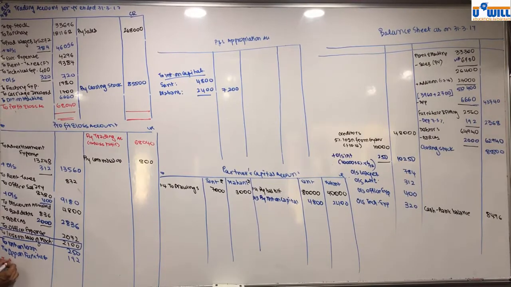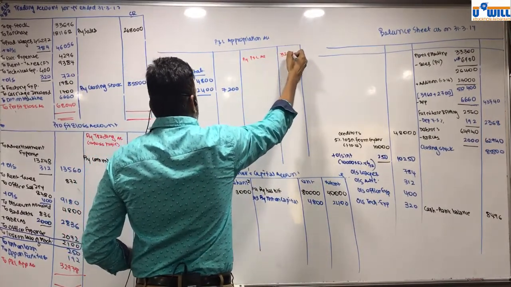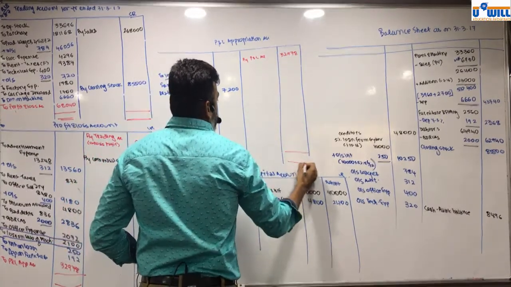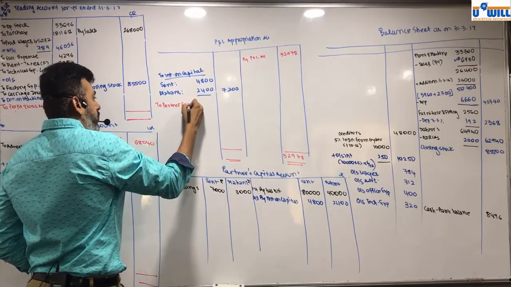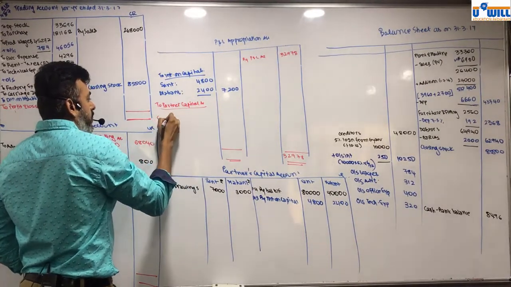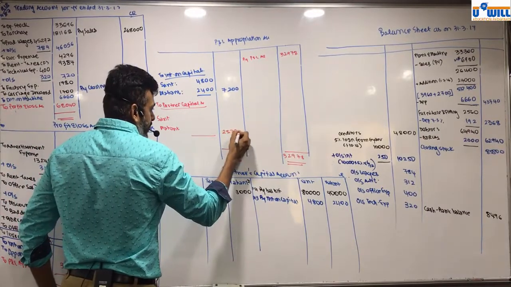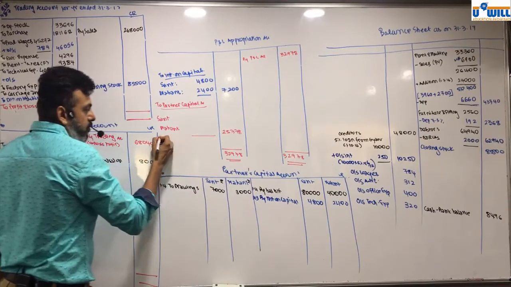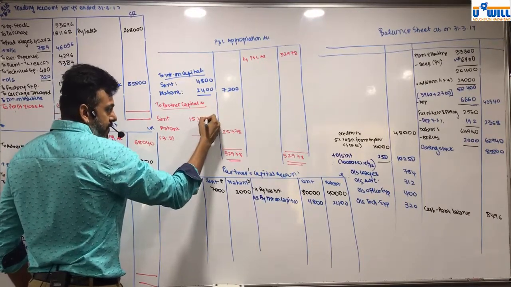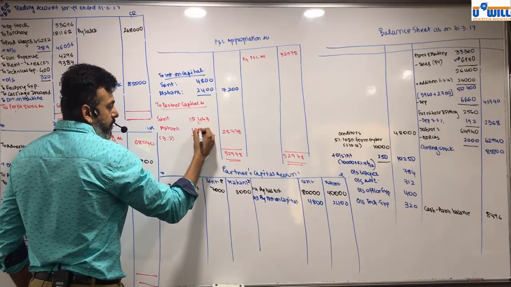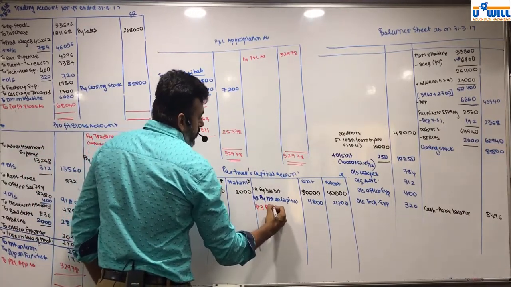So to profit and loss appropriation account by P&L account 32978. Two partners' capital accounts, Sant and Mahant. 25778. Distribute this in 3:2. Sant's share, and transfer. By P&L appropriation.